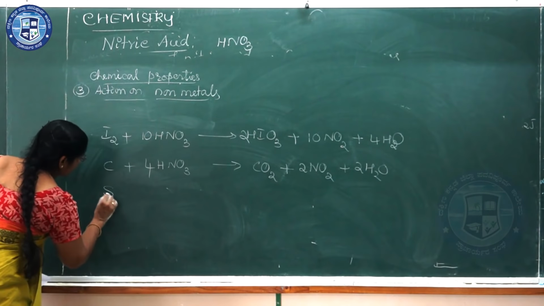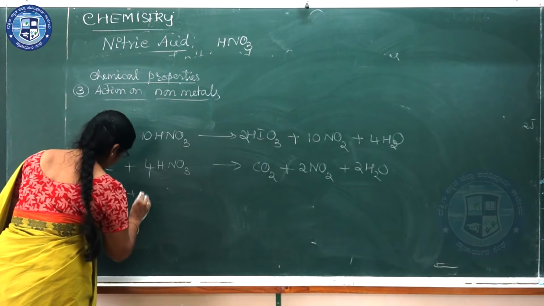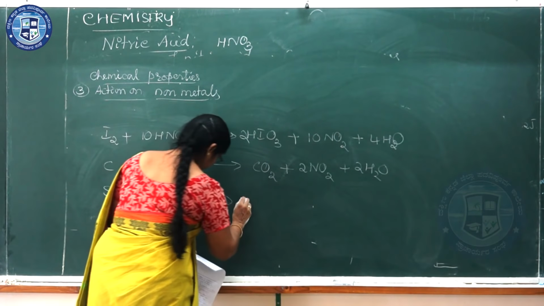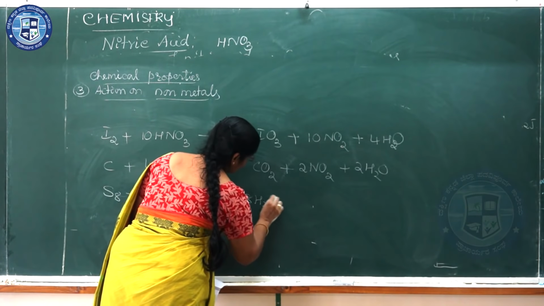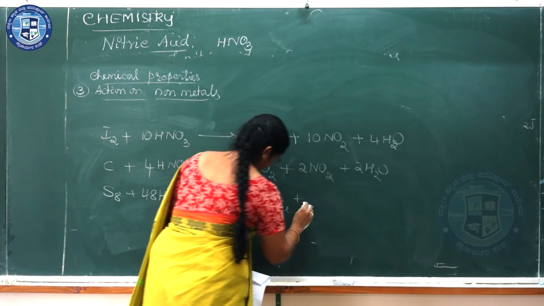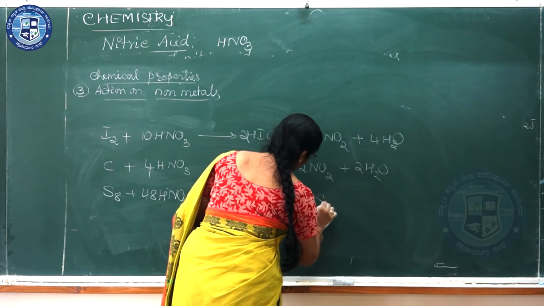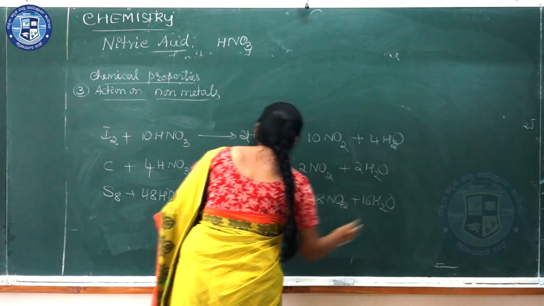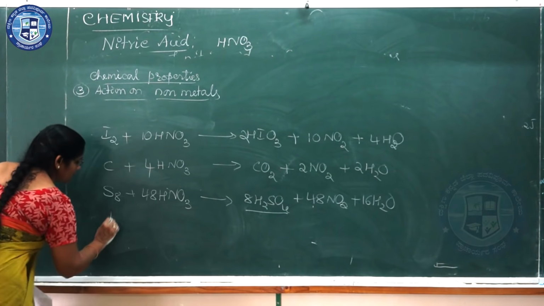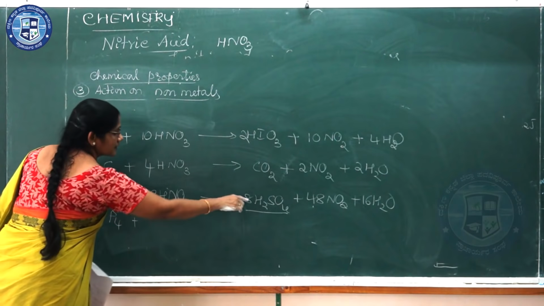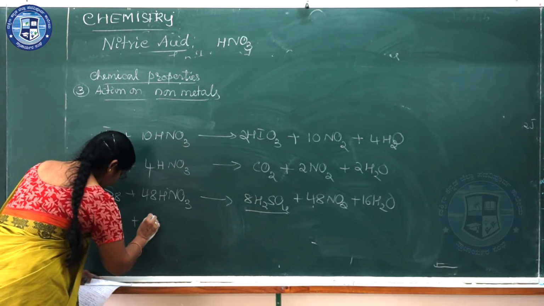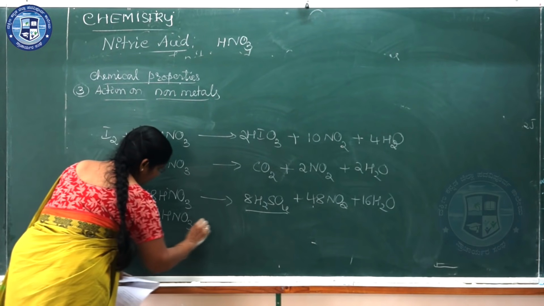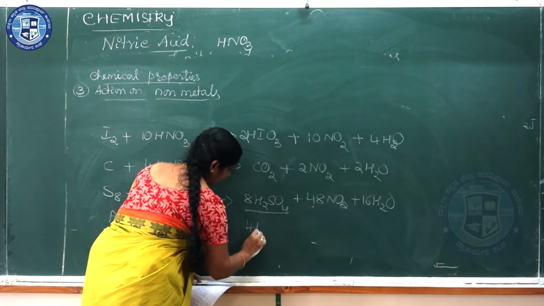Sulfur, we will see the reaction: S8 plus 48 HNO3 will give 8 H2SO4 plus 48 NO2 plus 16 H2O. So sulfur gets oxidized to sulfuric acid and phosphorus gets oxidized to phosphoric acid.